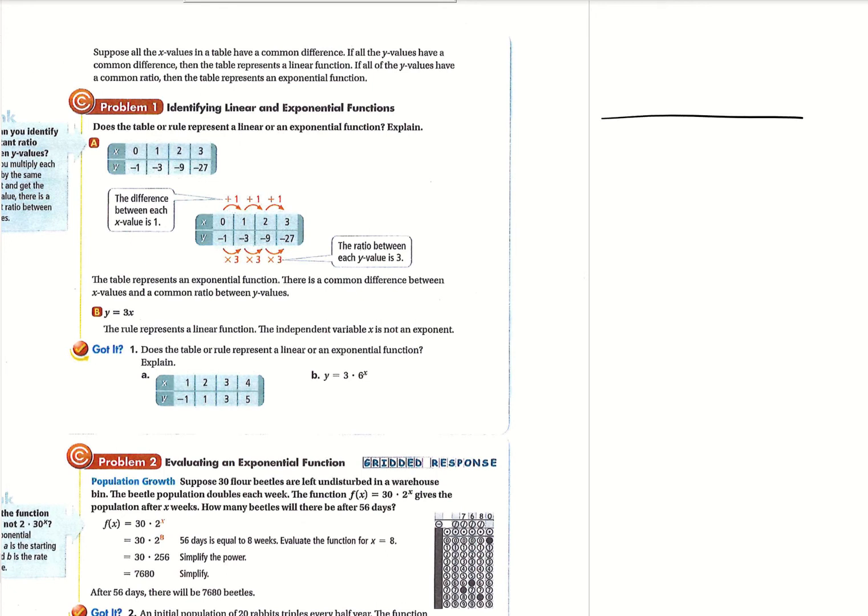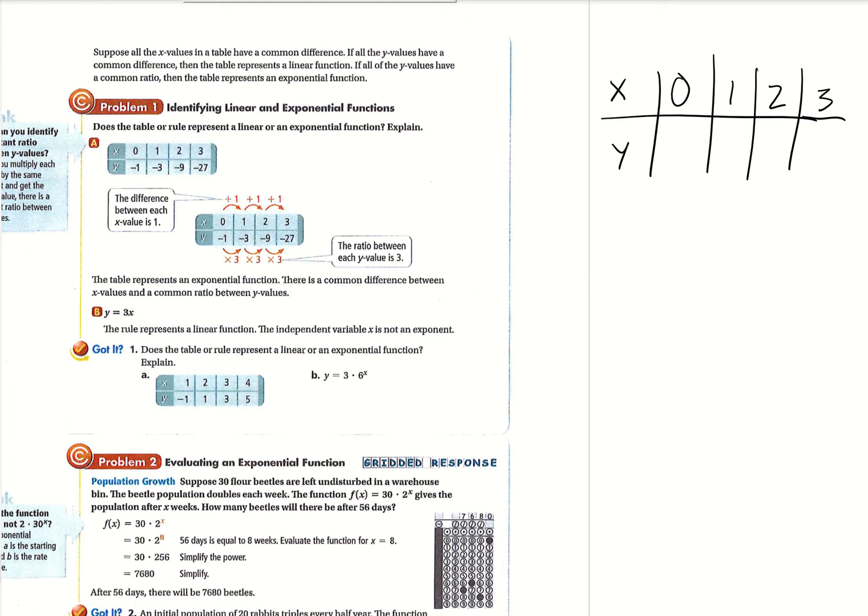That's an exponential function, but before we get to that, let's just look at a linear function. For a linear function, first of all, on both of them, the x is going to increase by a constant rate. The y is where it's going to be a little bit different.